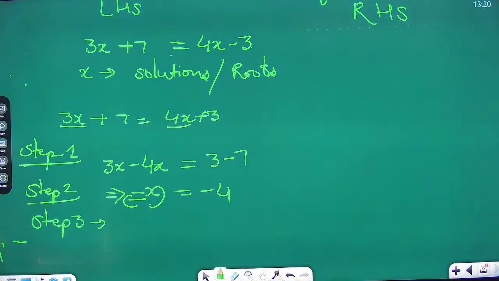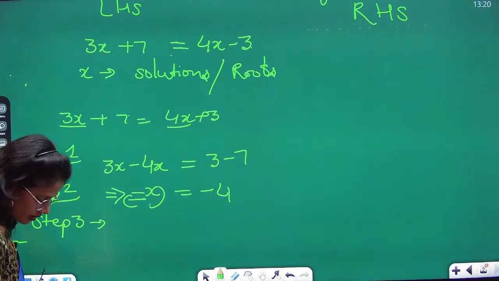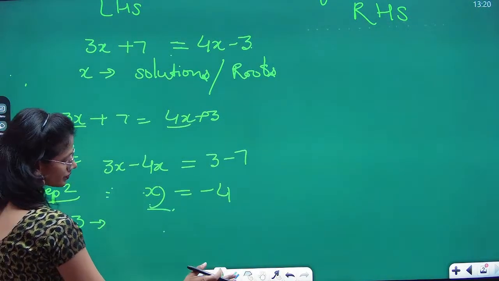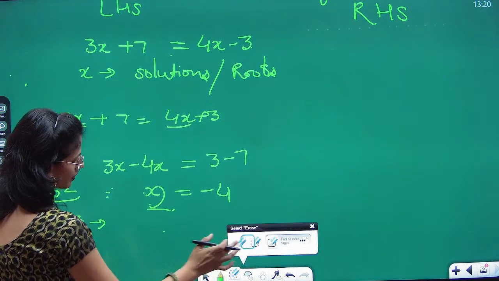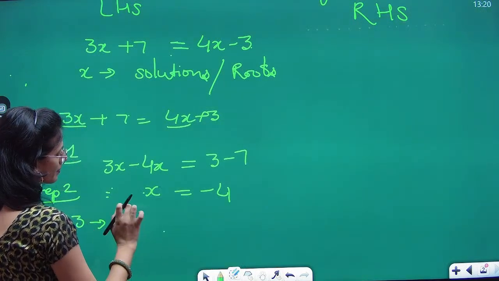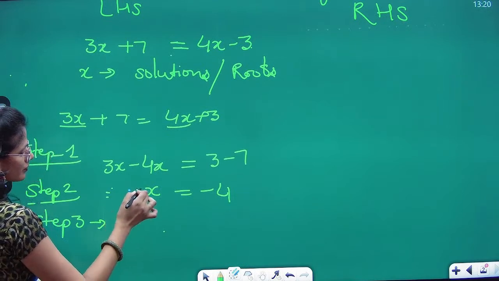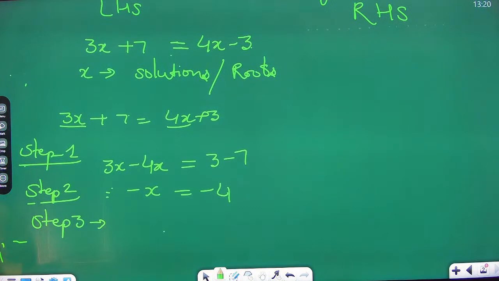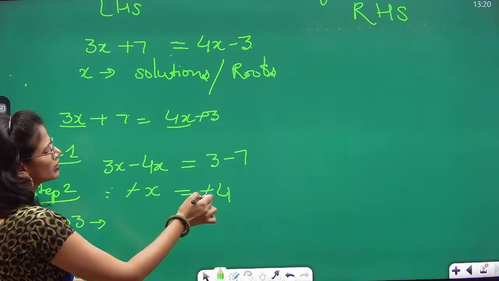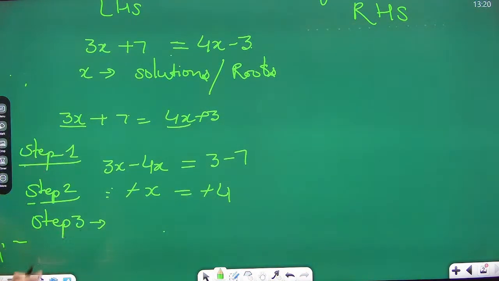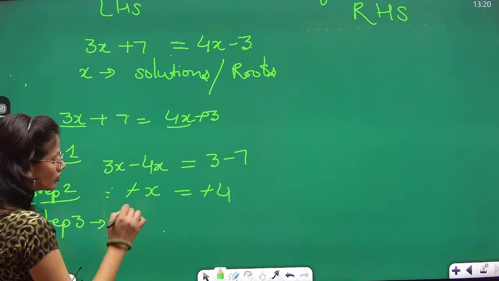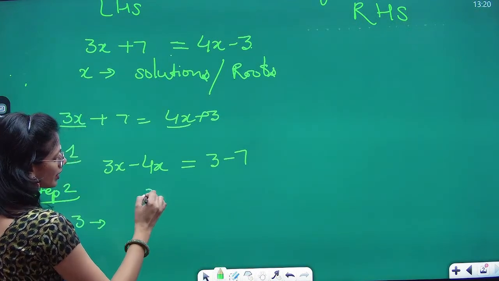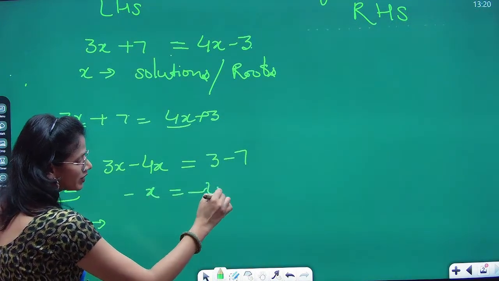Here it is already a single term, only the minus sign is there. Minus x and minus 4. So we can cancel both the minuses, or you can say divide both sides by minus 1, because here the coefficient is minus 1: minus x is equal to minus 4.